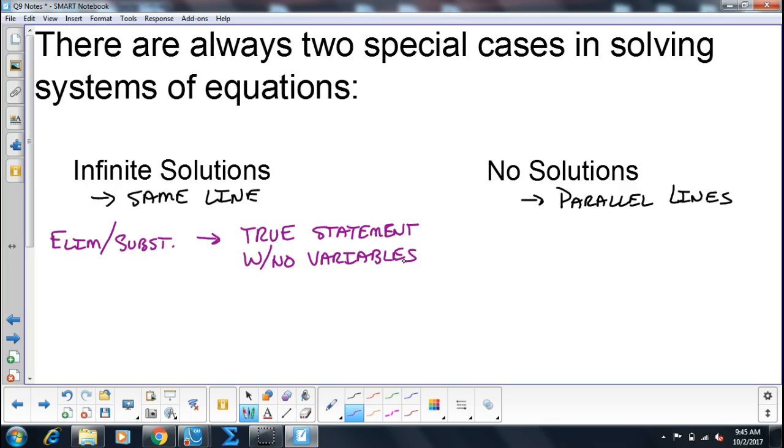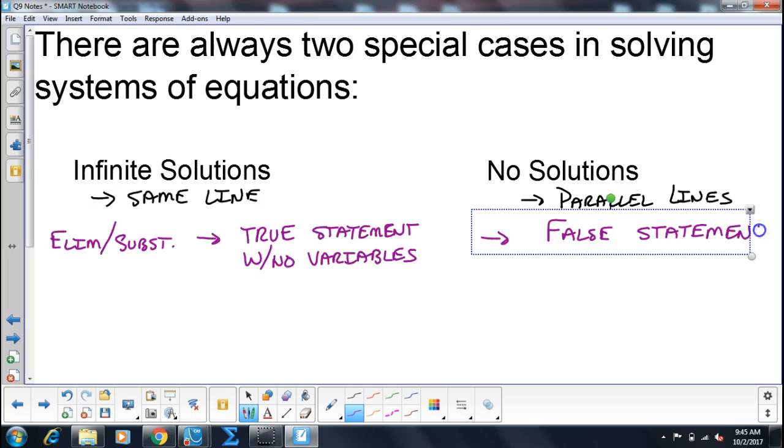It will be a true statement, but there won't be any variables. Over here, it would be a false statement without variables.